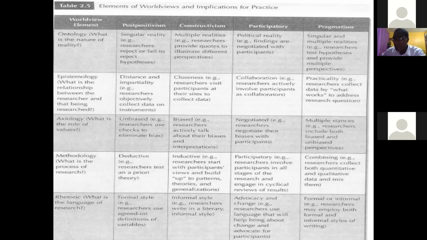From a methodological standpoint, and we mentioned this in one class, if we're talking about qualitative research, we're taking a very inductive approach. And so with this, the researcher starts with the participants' views, and then, having received those views, builds patterns, establishes theories, and in some instances seeks to, and I don't necessarily particularly like the word generalization, but seeks to actually do what is known as transferability, right?